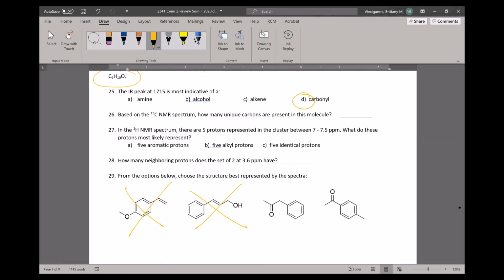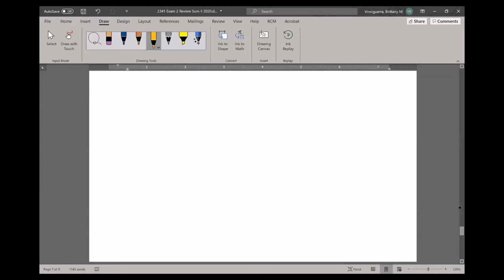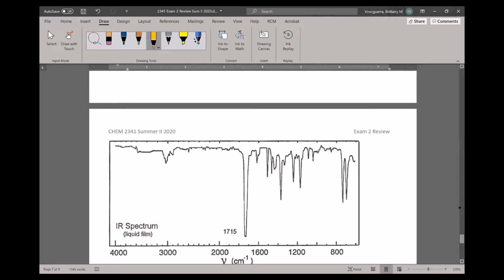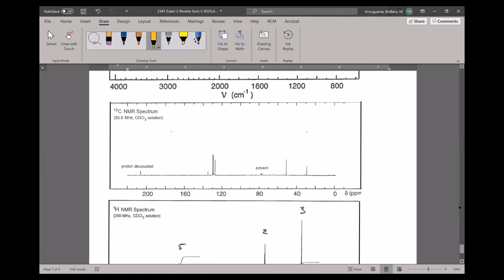Based on the carbon-13 NMR spectrum, how many unique carbons are present in this molecule? So how many do we have? 7. 7 unique carbons.